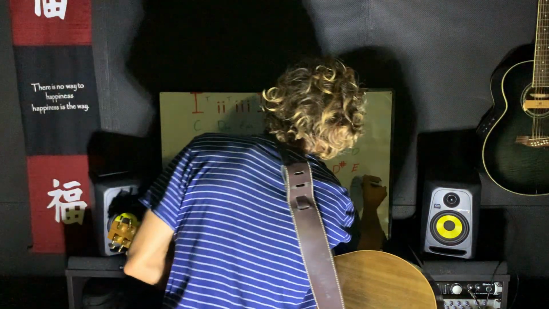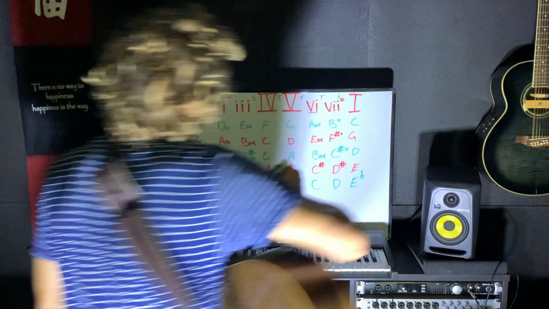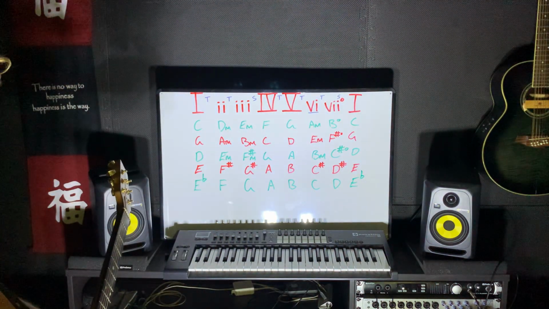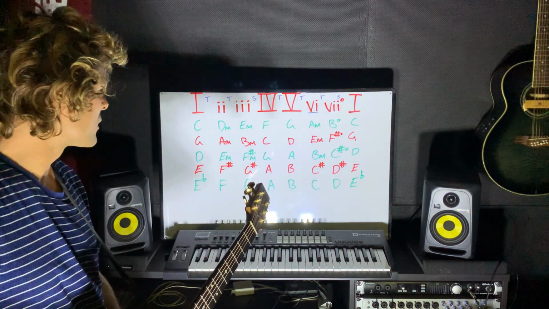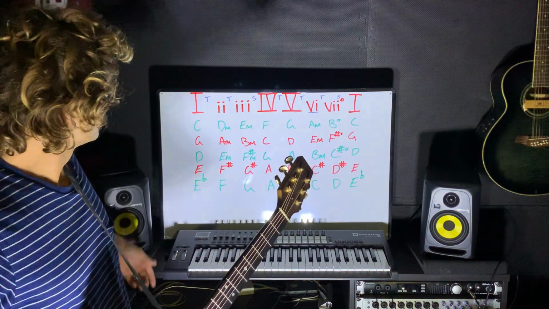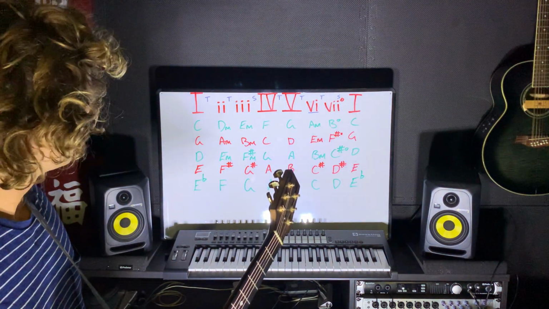Well, we know it's E flat, so we can already put that one in. Okay. Consult our formula, just like in mathematics. If we know the formula, we can do it.